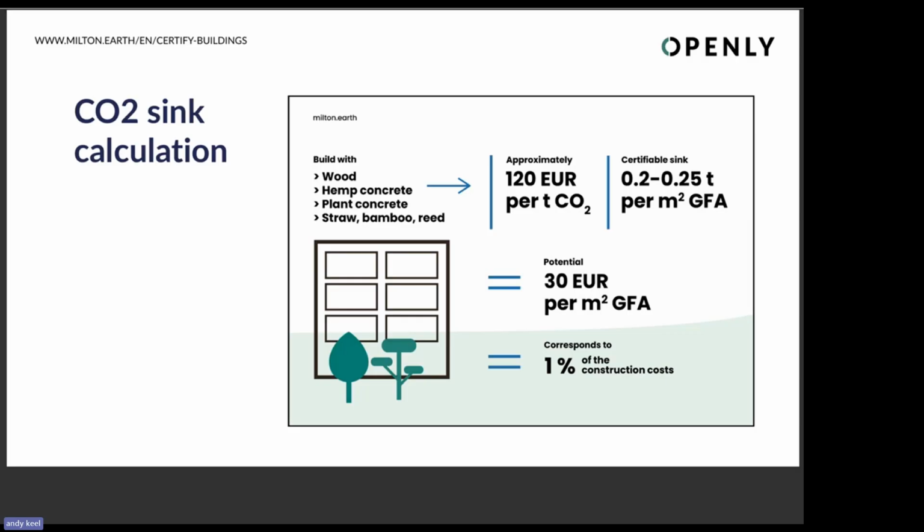And we will provide around 120 euros per ton in market liquidity. This means about 1% of the construction cost. So in Germany, you build at 3,000 euros per square meter. In Switzerland, it's maybe a bit less than 1%, but in other global areas, this could be like 2 or 3 or 4% of the construction cost, this 30 euros per square meter.